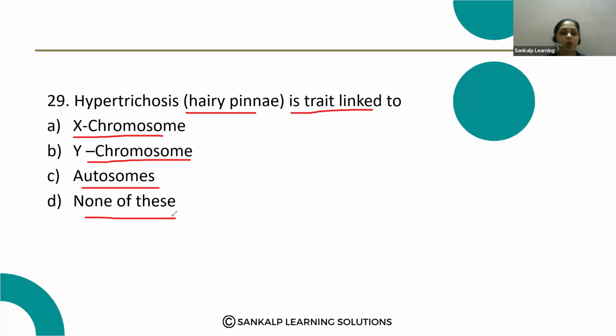So it is a Y chromosome linked disease. Defects in the Y chromosome cause hypertrichosis. It is found only in males, not in females. So it is a Y chromosome linked disorder. Option B is the correct answer.